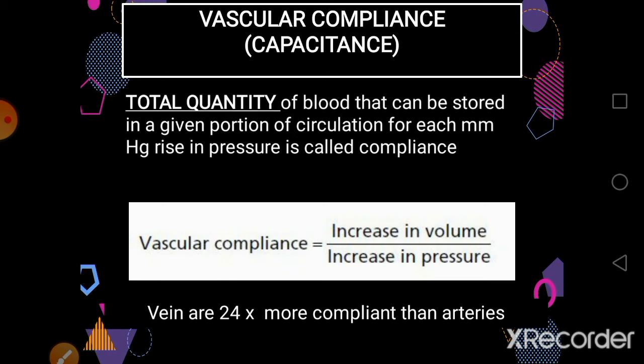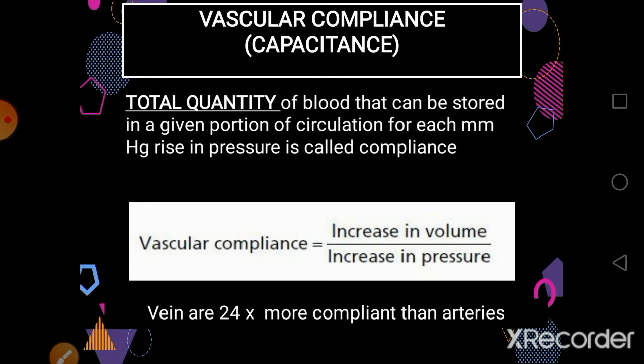Early compliance can be seen in the aorta when the ventricle pumps and pushes its blood into the aorta, causing the walls of the aorta to stretch and hold volume within its lumen. Immediately following this stretch in the wall of the aorta, we can see that the aorta contracts, forcefully pushing the blood into peripheral arterioles.